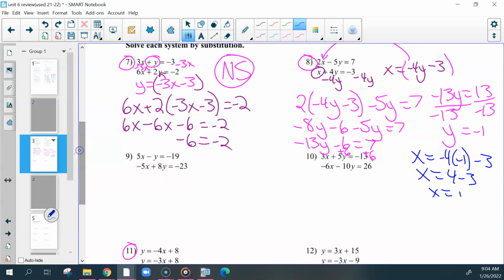And then the very last thing, make sure that your answer is in an ordered pair if you have an x and a y. So 1, negative 1. Do you have any questions on number 8?